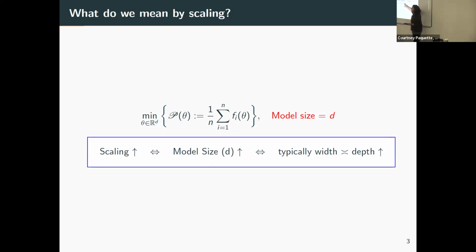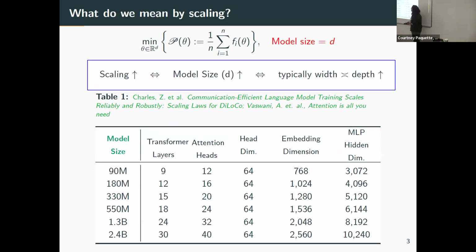Typically in machine learning, this is done by changing both the width and the depth simultaneously. So when I say increase my number of parameters, I'm increasing both the width of my network and the depth of my network proportionally to each other. And so you get things like scaling ladders. This is an example of a transformer scaling ladder.